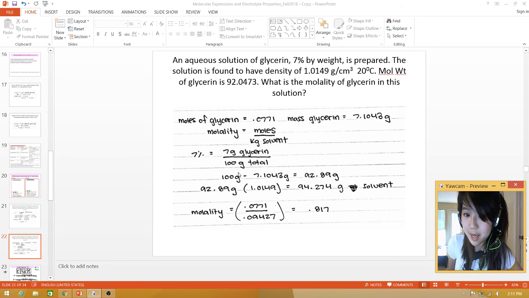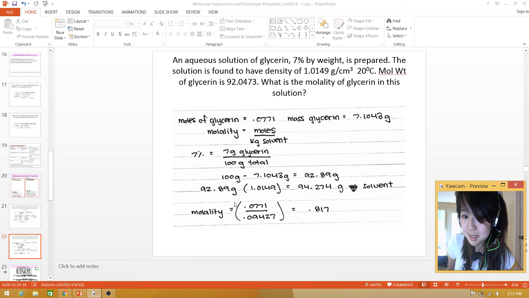So to find the actual kilograms of solvent, we're going to take that theoretical total mass, 100 grams, and subtract the actual mass of the glycerin and get 92.89 grams.